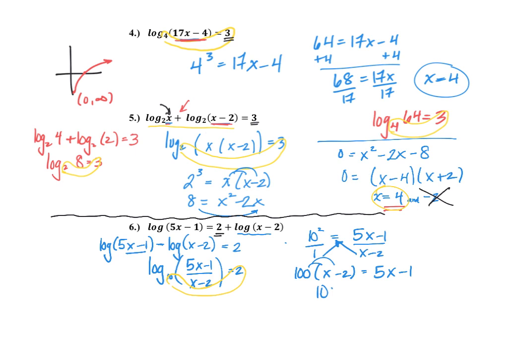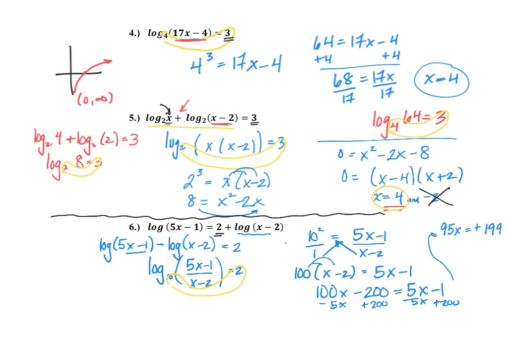I have 100x minus 200 is equal to 5x minus 1. All right, a couple more steps. If I subtract the 5x over to the left, that's going to allow me to add the 200 to the right. So 100 minus 5 is going to give me a 95. So I have 95x is equal to negative 1 plus 100, which is positive 199.